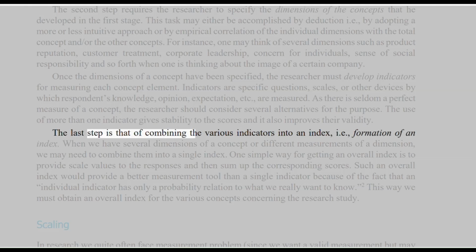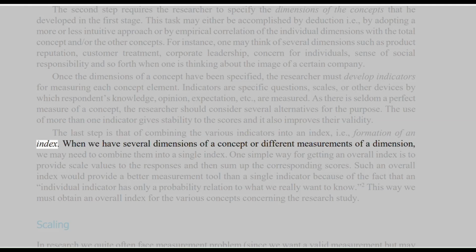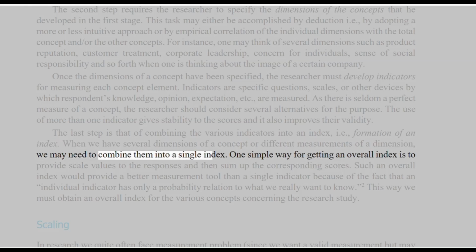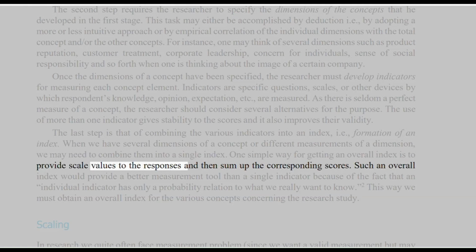The last step is that of combining the various indicators into an index, i.e., formation of an index. When we have several dimensions of a concept or different measurements of a dimension, we may need to combine them into a single index. One simple way of getting an overall index is to provide scale values to the responses and then sum up the corresponding scores.